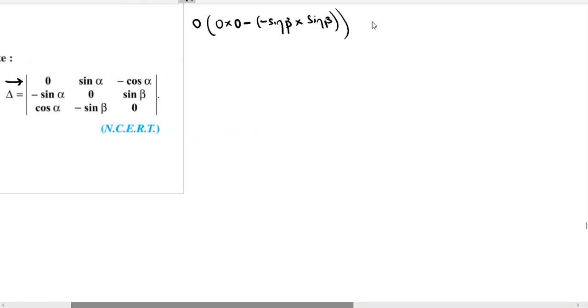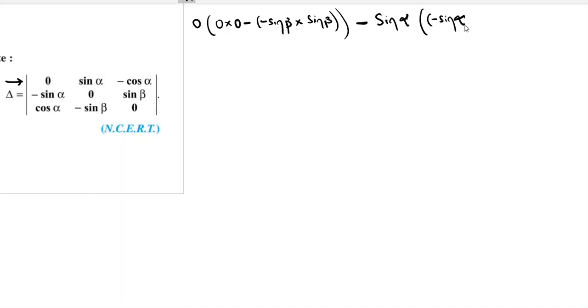Then comes minus sign, and I'm going to take the second element, sine alpha bracket. The rest of the elements will be multiplied: minus sine alpha multiplied by 0 and minus cos alpha into sine beta. Okay, so that's your second element, and the third element is minus cos alpha.